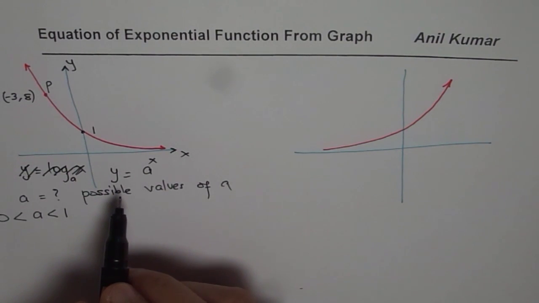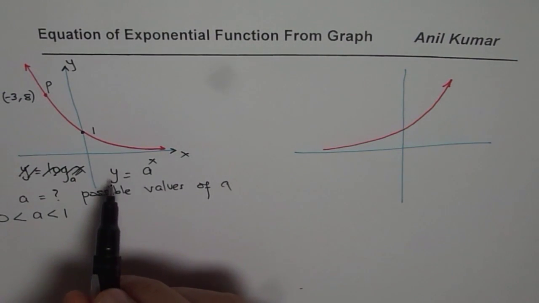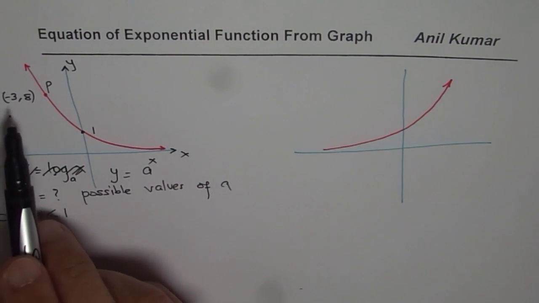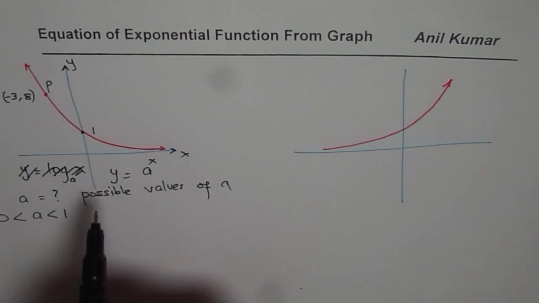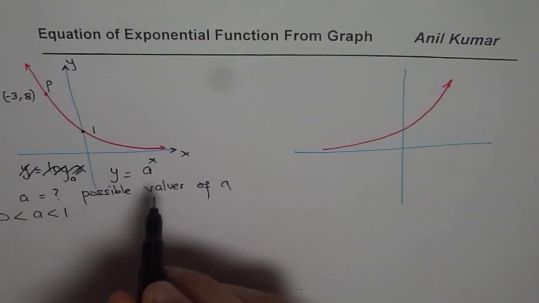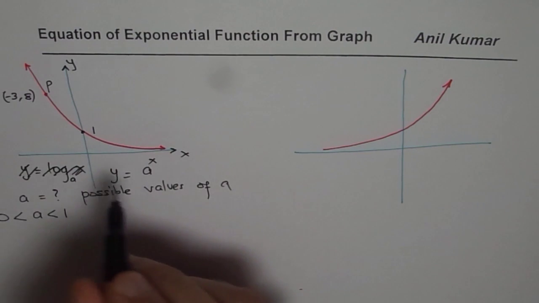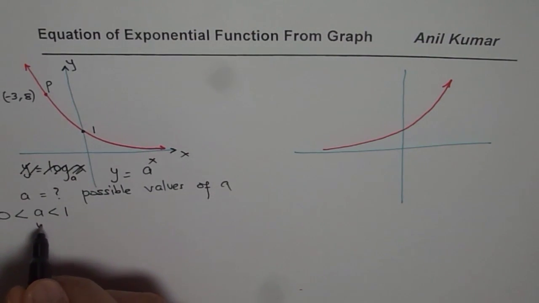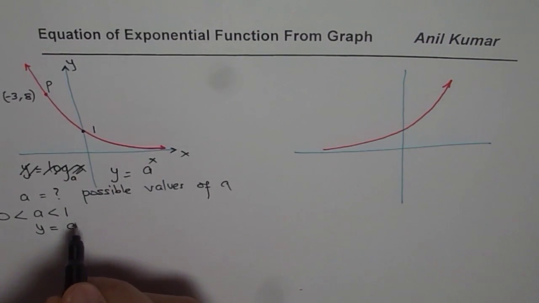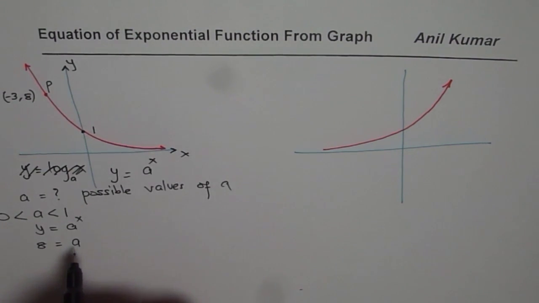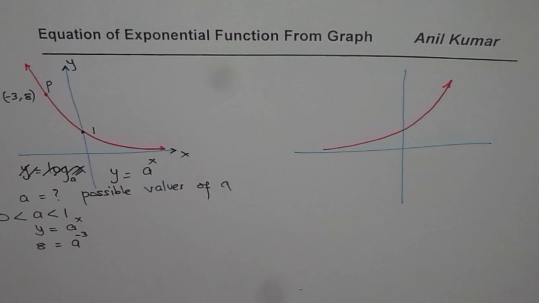Now we know that y equals a to the power of x. The x and y values are given to us. So we can write y as 8 and x as minus 3 and then solve the equation. Substituting these values, let's begin with the equation itself. y equals a to the power of x. y is 8 and a to the power of minus 3 should be 8.